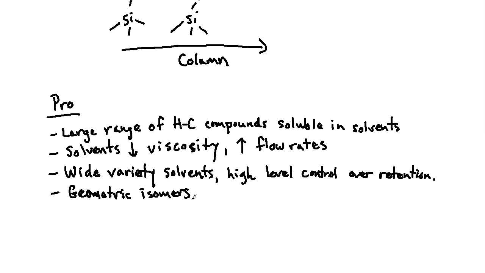Okay, and then one of the last things that's important, and this balances itself out with one of the cons that we'll see in a minute, is that the solvents, generally speaking, because they're nonpolar, they're not as viscous, they don't have as strong of an intermolecular force, the solvents are going to have lower boiling points.